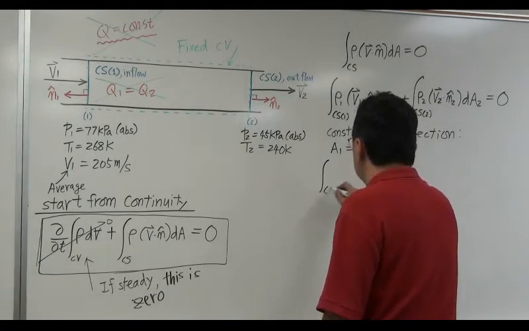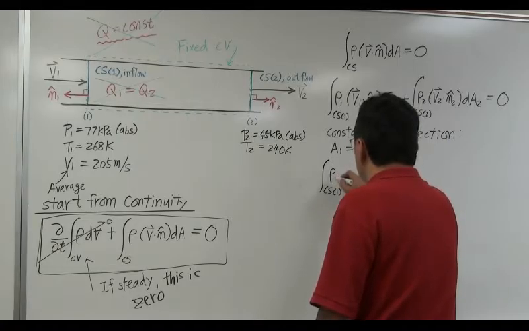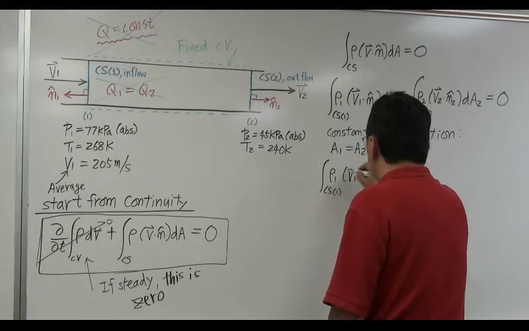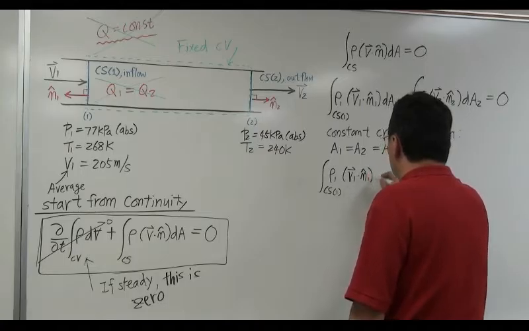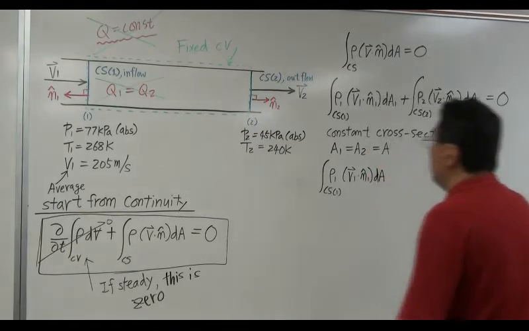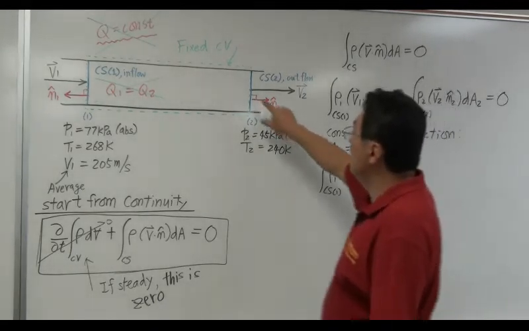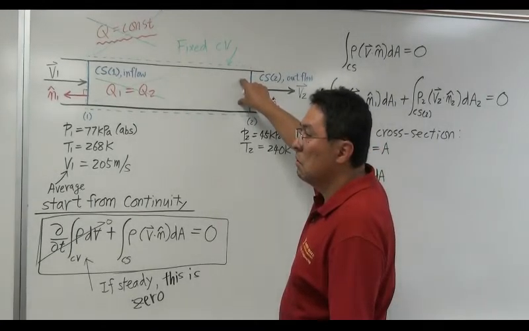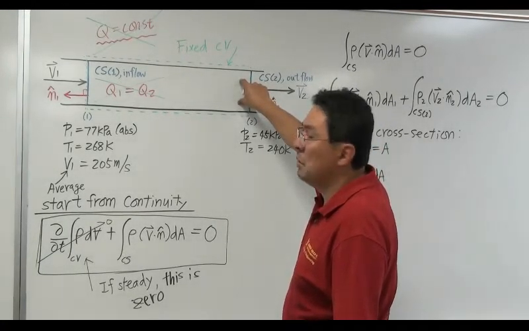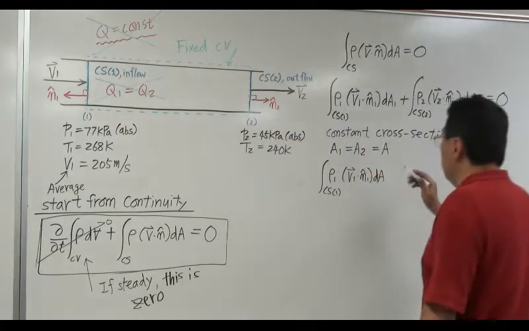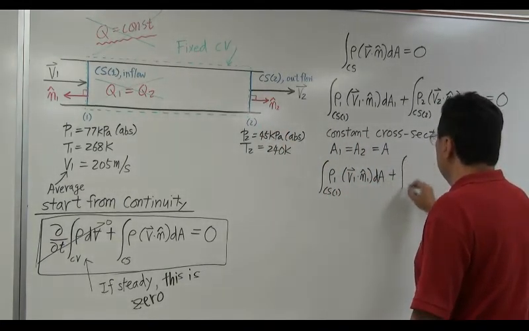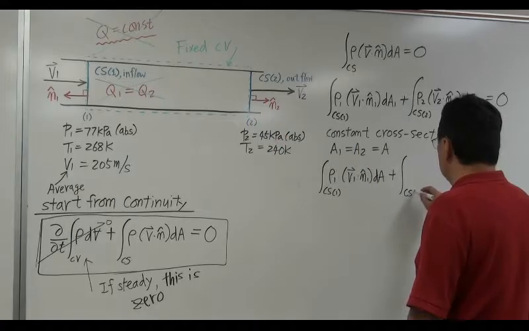This is integral over CS1 of rho 1 V1 dot n1 dA. Cross-section area is pi over 4 times diameter, which is 0.1 meter, squared. That's the cross-section area, which is constant between control surface 1 and 2.